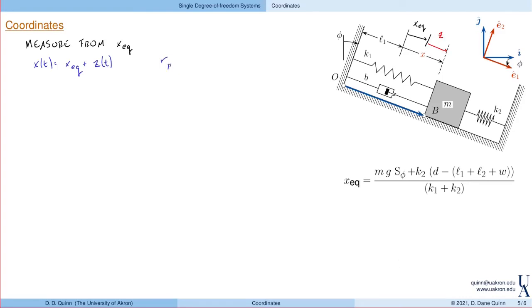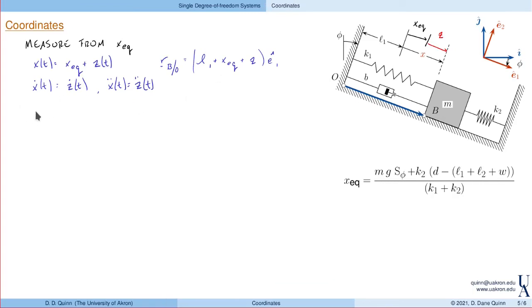Looking at these two, we see that now the position of the block with respect to O is L1 plus the static displacement plus z in the E1 direction. In addition, taking a derivative of the left-hand side, we get x dot, and taking the derivative of the right-hand side, static displacement is constant, so its derivative is 0, and we're just left with z dot. Likewise, x double dot is equal to z double dot.